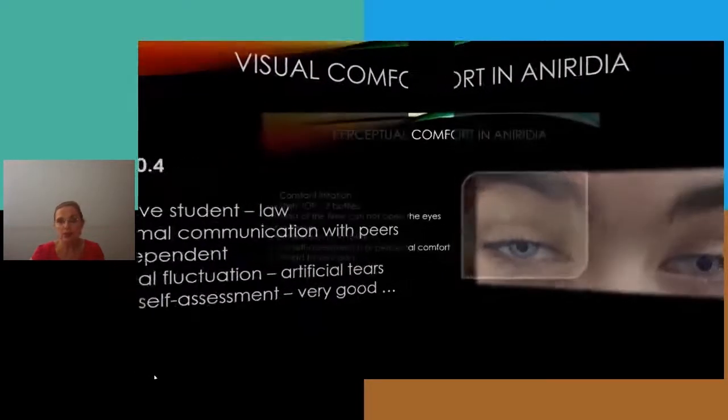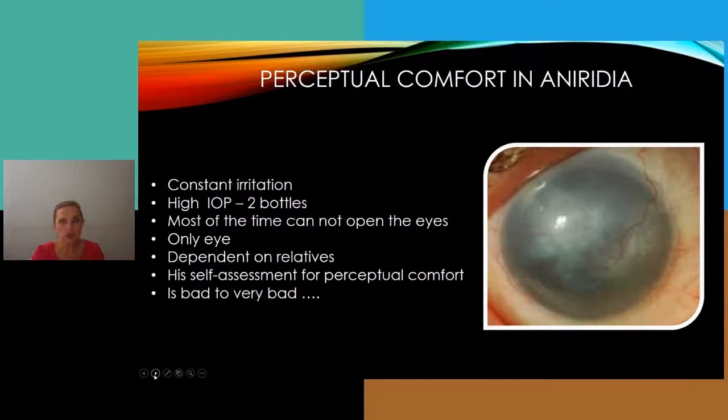What about perceptual comfort? I would like to show you a second patient of mine, again with aniridia, and he complains of constant irritation. He has high IOP, therefore he has anti-glaucoma drops, 2 bottles of them. And most of the time he cannot open his eyes, although he has only one partially seeing eye, which is the eye that you see in the picture.